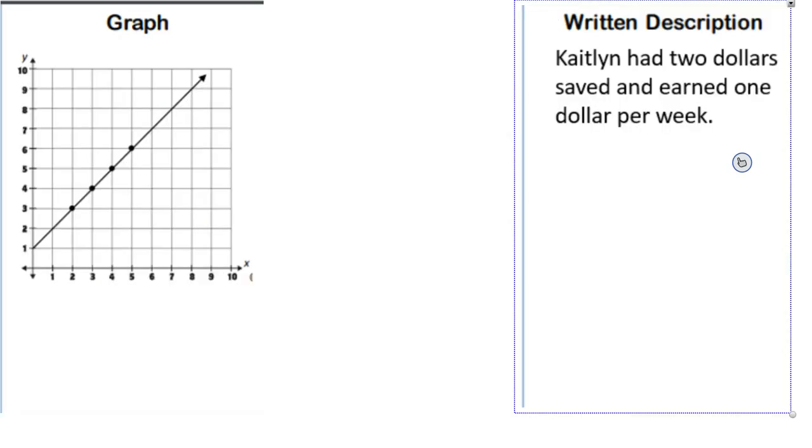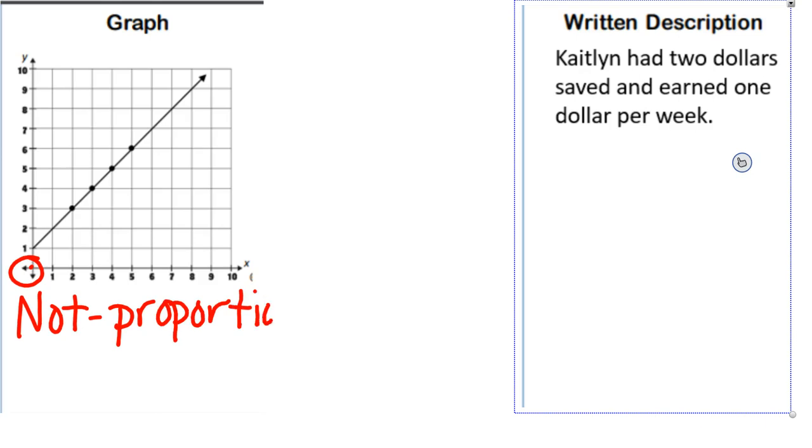Okay, so now we're looking at a graph, and then we'll look at the written description. Looking at this graph, you can see it does not hit the origin, so I know that it's not proportional. And I want to identify the y-intercept, and I want to write an equation.